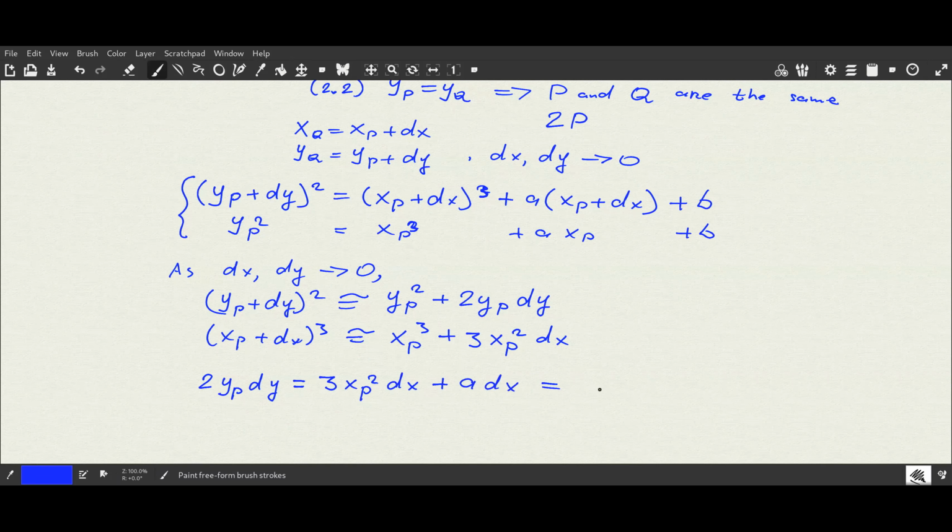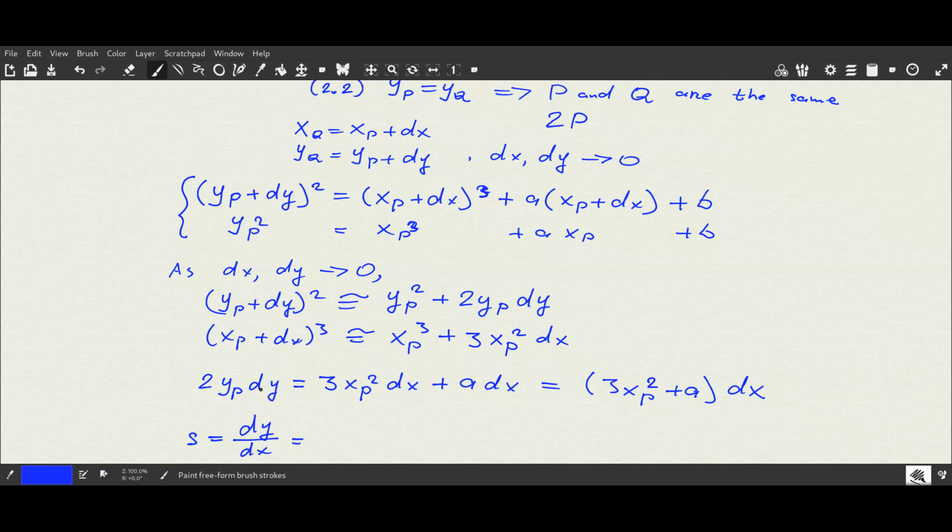Or factoring out dx, it would be (3 xp squared plus a) times dx. And then our coefficient s, which is the tangent of this PQ line, would be precisely dy over dx.